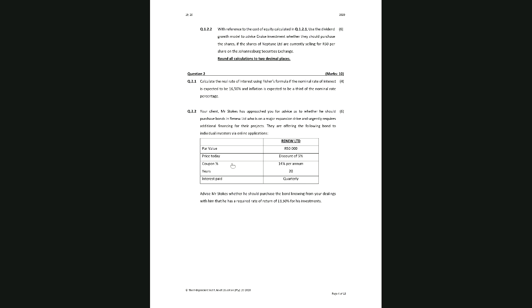And how do we calculate the rand value of the interest that will be paid? Remember, I said the coupon percentage doesn't ever change and the par value doesn't ever change. So the PMT will always be coupon rate multiplied by the par value. Okay.